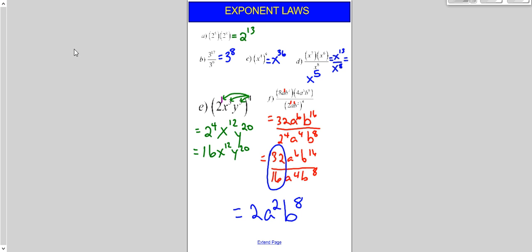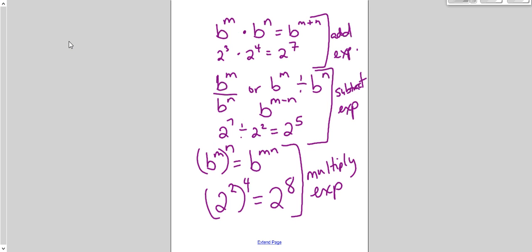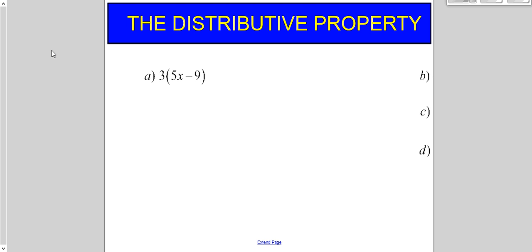Let's keep going. Just a little bit more to go. Okay, so there's our rules again. And one of the last things I want to look at is called the distributive property. So the distributive property is when you take what's outside your brackets and you multiply it to what is inside your brackets, to all terms. So it's very important to realize that it's all terms.